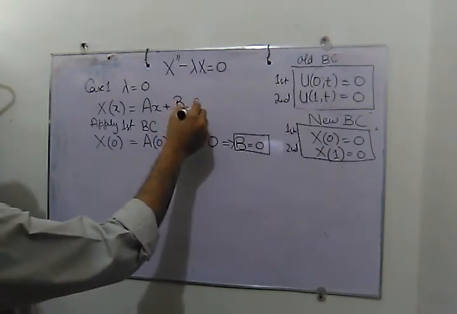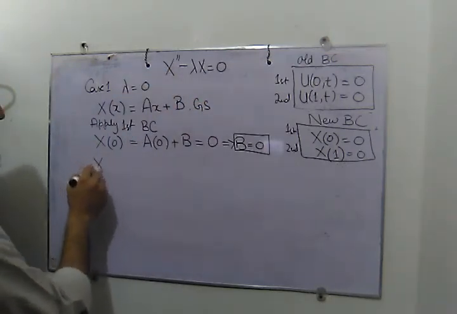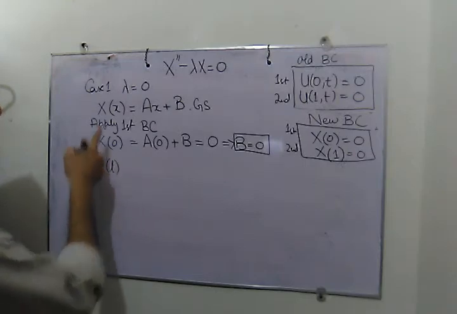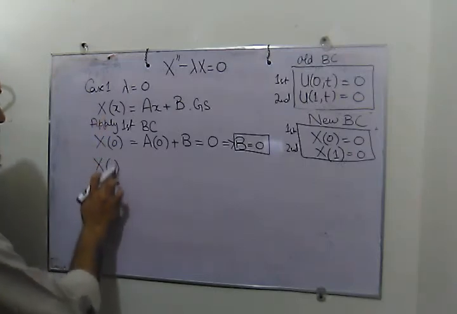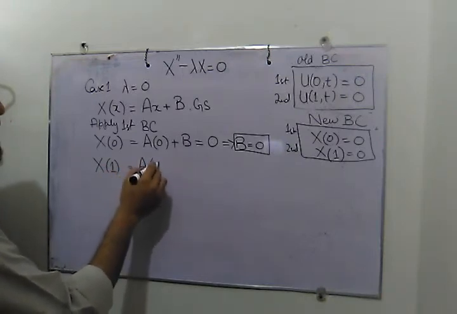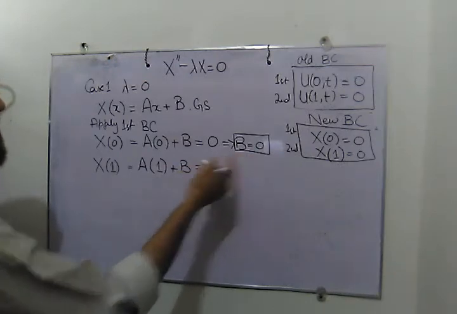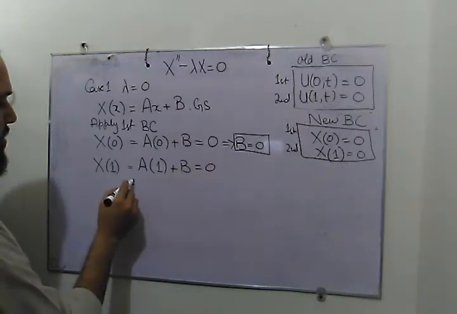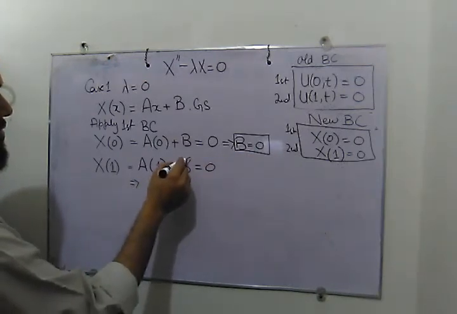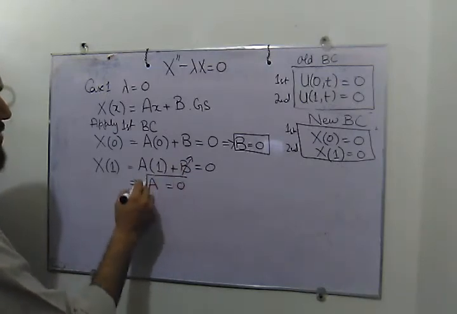This is the general solution of the equation when lambda is equal to 0. So when we apply the second boundary condition, this is X(1) is equal to a into 1 plus b is equal to 0, and we have found that b is already 0. So we cancel out this one and we are remaining with only a is equal to 0.